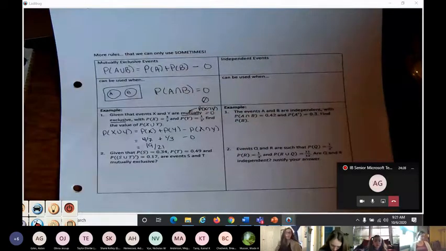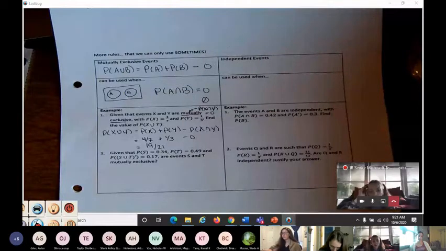What questions on that first example? So is that how you, oh, never mind. That's not how you find the intersection value. The intersection value for mutually exclusive events will always be 0.